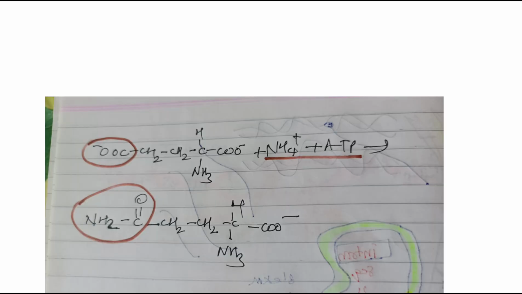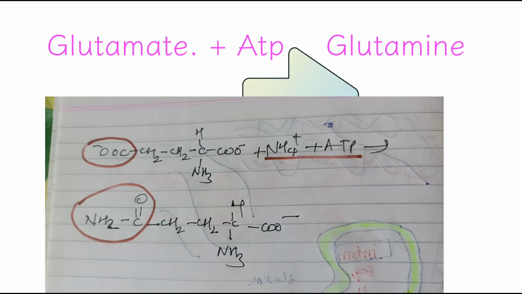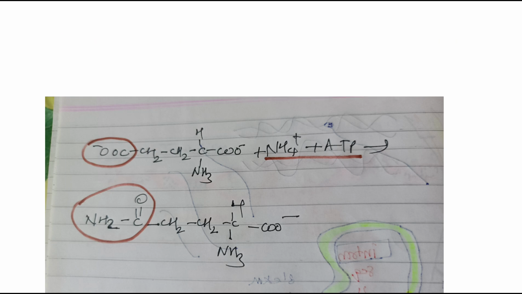Then there is a formation of the amide of glutamic acid, where glutamate is converted into glutamine when we add ATP. So the ammonium ion is present here in this cell metabolite. It forms glutamine, the amide of glutamate.